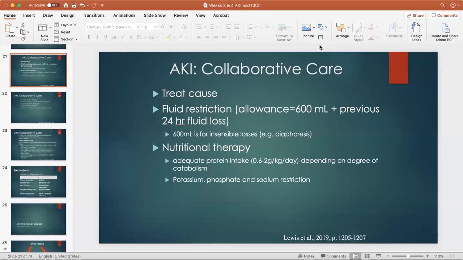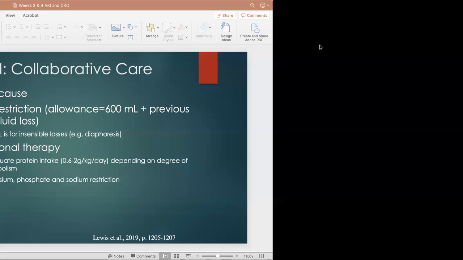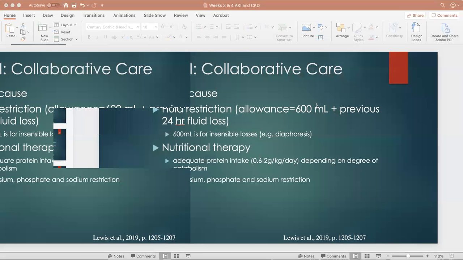So the rule for acute kidney injury is we allow 600 milliliters per day, and then on top of that, however much they've lost in the previous 24 hours. So you can lose fluid in a number of ways, right?